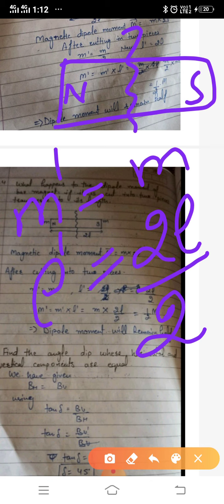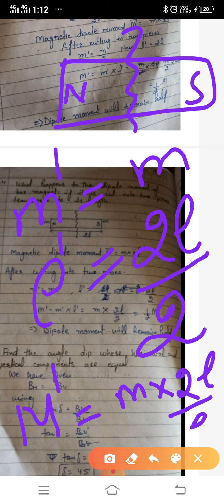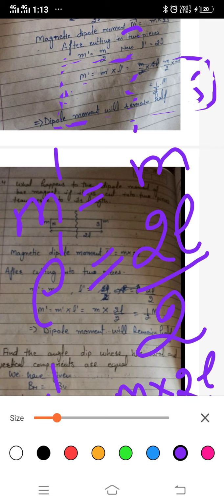I will not cut 2 and 2 because later I need it. So what will be capital M dash? It will be equal to small m multiplied by 2L divided by 2. Okay, so now again I will do the same. This 1 by 2 I will take in front, and then I will solve.